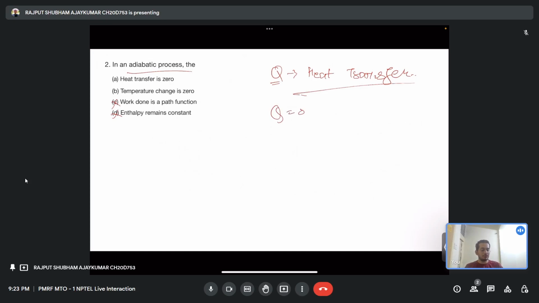This is a direct term you might have heard during heat transfer; if not, you can go through the definitions, because I'm not covering all the definitions. What you'll be doing is solving the assignments and tutorial problems, and some basic concepts prior to solving the problems, so that it can help you solve all the problems in one go. So the correct answer for this is heat transfer is zero.